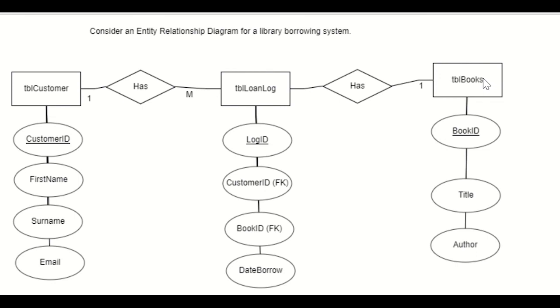However, what's the maximum number of loans a book can have? A book can be loaned multiple times. Therefore, that one is going to be my M. And there we have our ERD diagram where we've shown our cardinality. So we've got one customer can borrow many loans. One book can be loaned many times.